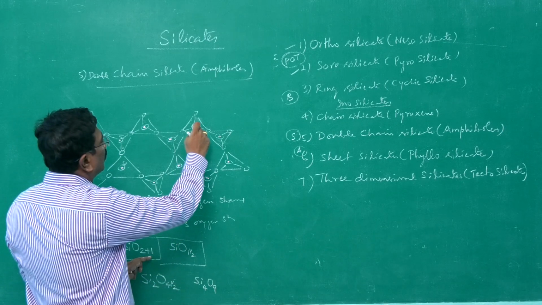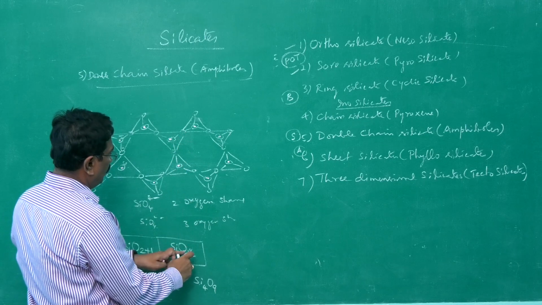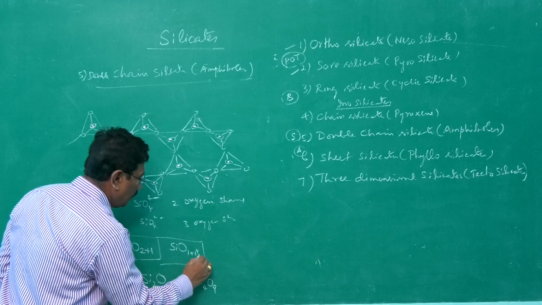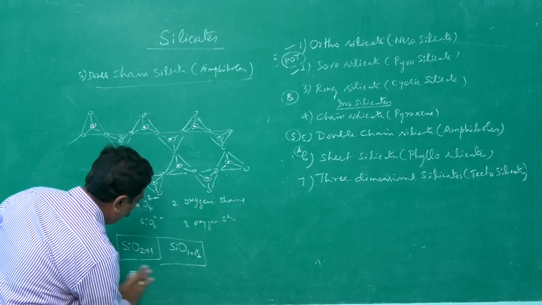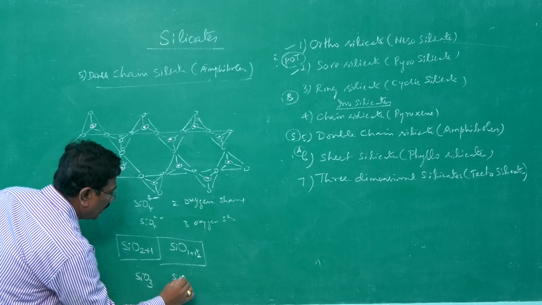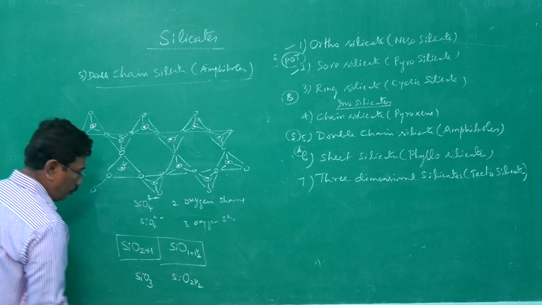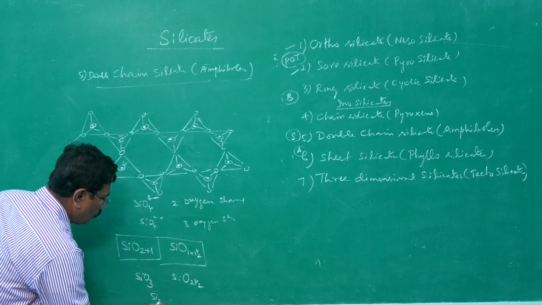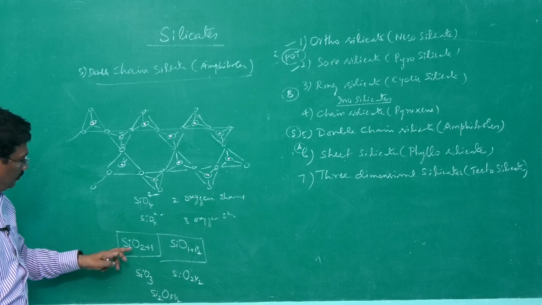Here, exclusively for this one, 1, another 3, 1.5, half, half, half, 1.5. Therefore, SiO3 here, Si 2.5, SiO 2.5. The sum will become Si2 5.5, O 5.5. Am I correct?